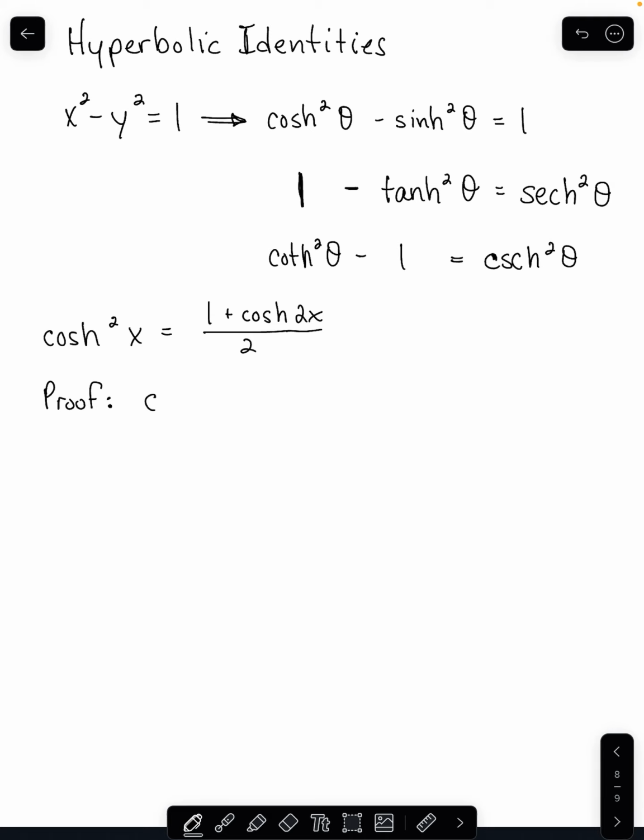we can take the square of hyperbolic cosine of x and rewrite it as e to the x plus e to the negative x all over 2 squared.